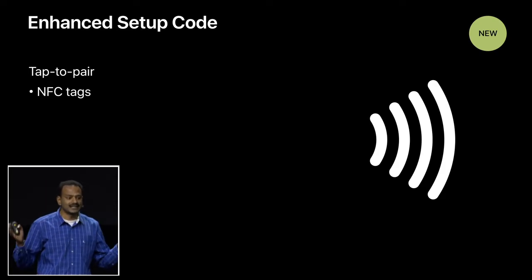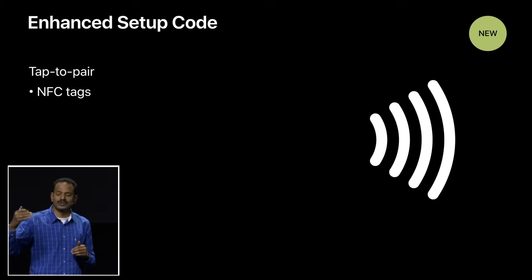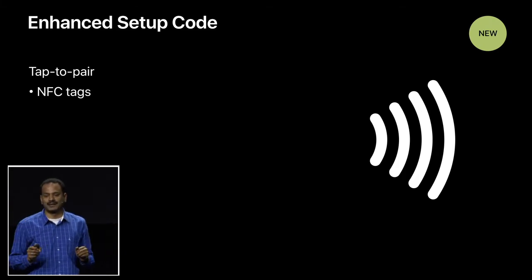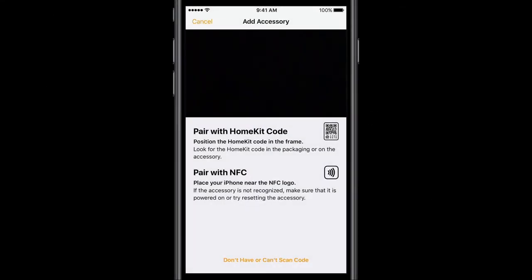With NFC tags that are programmed with the enhanced setup code, we can now deliver an even more seamless user experience for setting up accessories. The user needs to just tap to pair, and it's that simple, and it's fantastic. The whole experience of setting up accessories in iOS 11 with the support of QR code or NFC tag for HomeKit accessories is just fantastic.